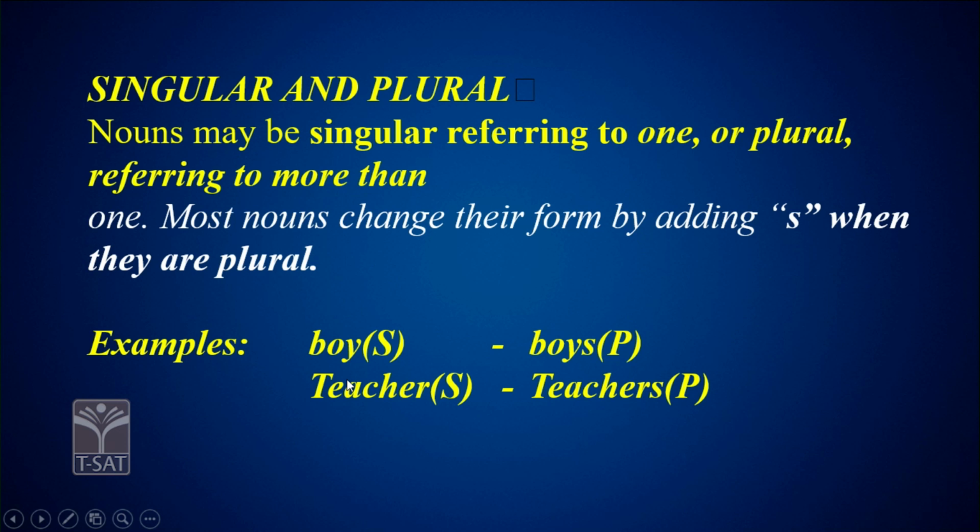You see, boy is singular, S stands for singular. Boys, P stands for plural. Teacher is singular, teachers is plural. Just like that, we have added S to teacher and to boy so that they become plural. In that way, we can identify the difference between singular and plural.